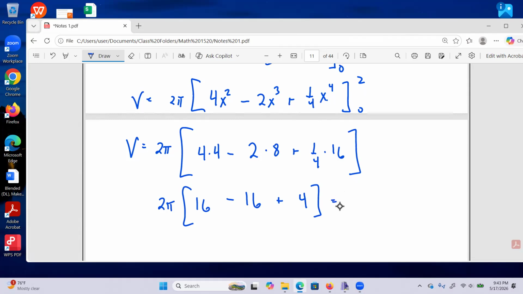The first pieces cancel, so we end up with 4 times 2 pi, which gives us an answer of 8 pi.